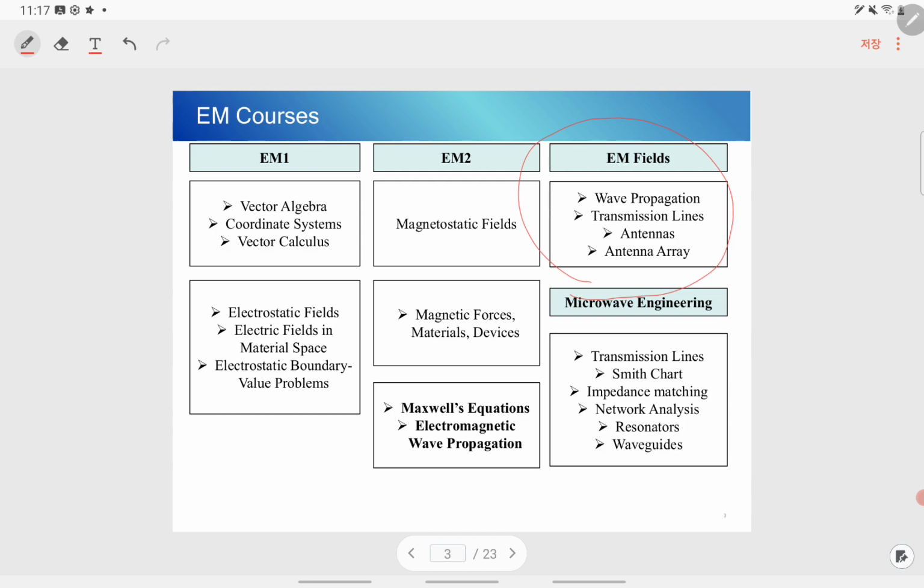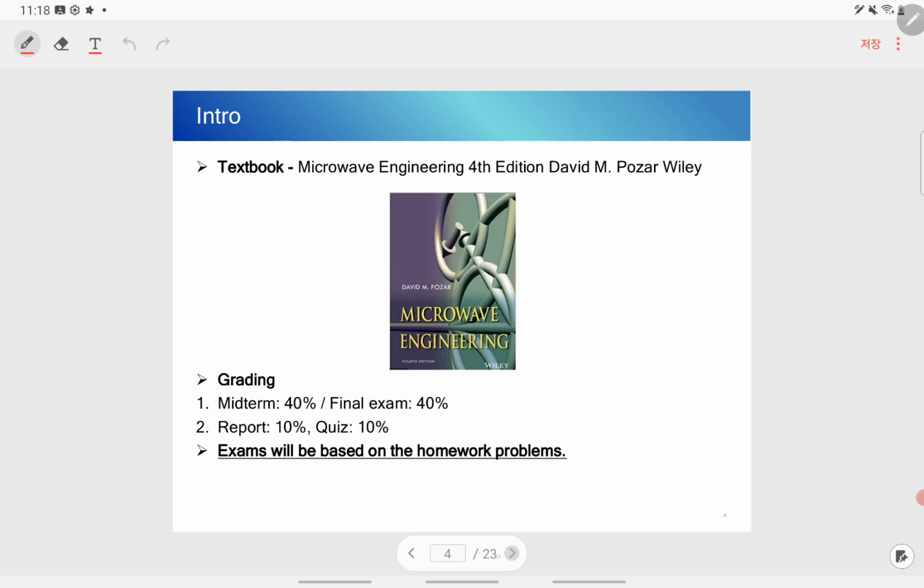From this semester in microwave engineering, we will touch transmission lines again and move on to the Smith chart and so on. So don't worry if you didn't take the EM field course. I can review EM and then transmission lines and move on in the microwave engineering course.